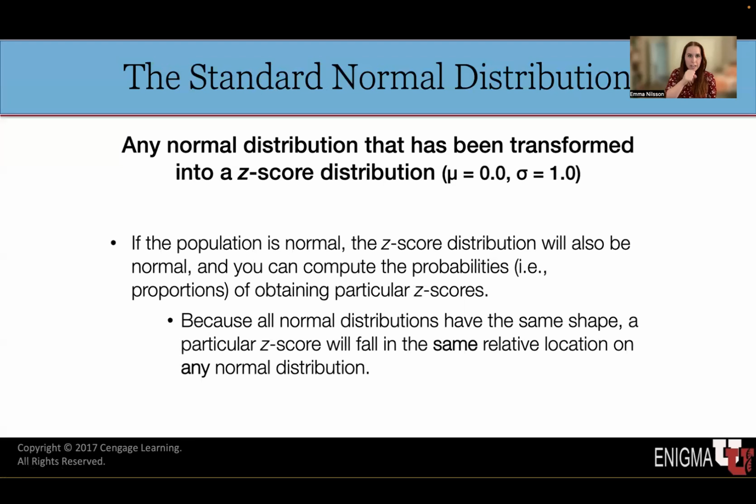And an important application of this is, since all z-score distributions are going to have the same mean and the same standard deviations, if the population is normal, your z-score distribution will also be normal, and you can compute the probabilities of obtaining particular z-scores, which is really, really awesome. And because all normal distributions have the same shape, a particular z-score is going to fall in the same location on any normal distribution. So we can use it as a standard.